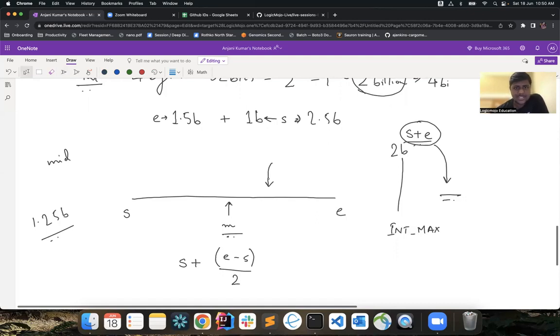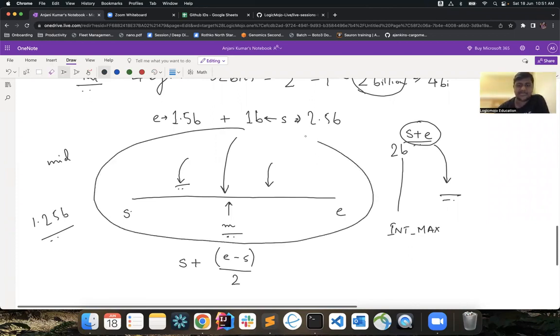Divided by 2, if I divide that number by 2, it will lie somewhere here, between S and E. It will always lie between S and E, right? And then if I add S to this particular number, I will reach somewhere here, which is my mid. So in this case, I always stay within the range of S and E. I don't go to the overflow side. That's why we use this S plus (E minus S) by 2.